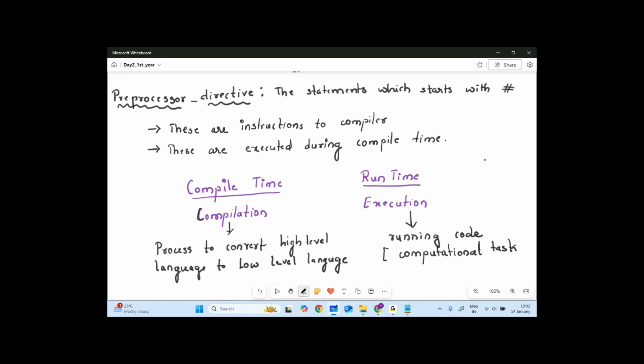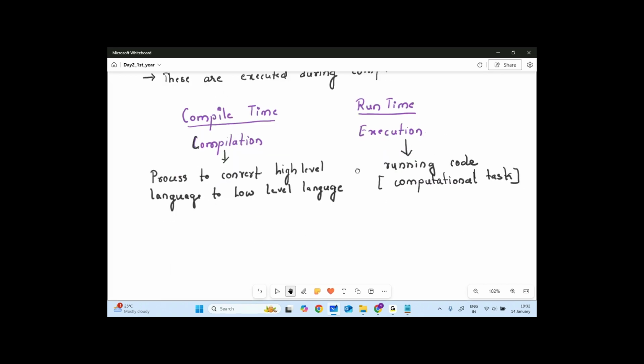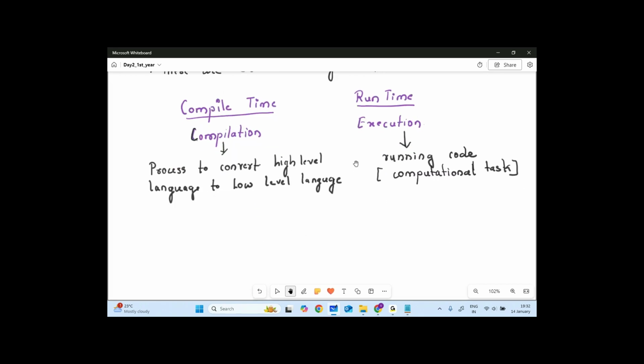What is the meaning of computational task? Computational task means the logics that you have built, for example, addition, subtraction, multiplication, logical operations, condition checking, loop execution. All these computational parts will occur during runtime.